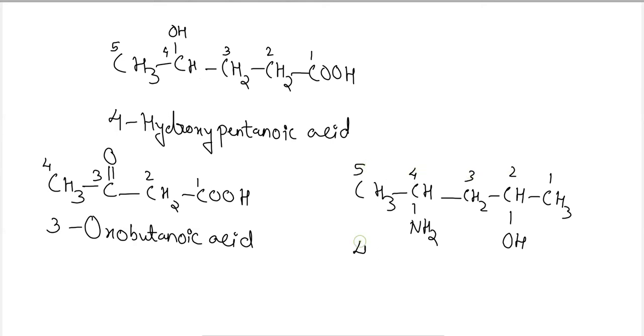For the fourth position, it is the amino group. So the name will be 4-amino pentan-2-ol. Amino is the prefix name for the amines, and the name will be 4-amino pentan-2-ol.